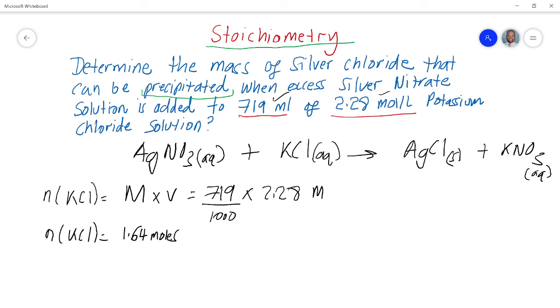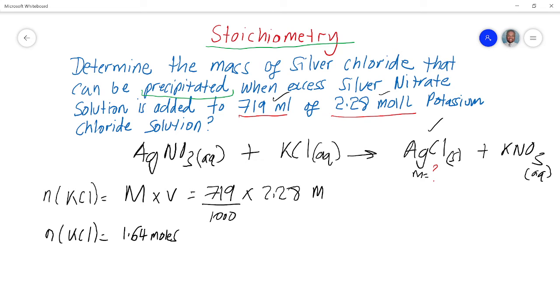Now, we need to get the mass of silver chloride. I'll just put a small m, using a different color, to show what mass I need to find. We need to get the number of moles of silver chloride, and this is where we use the mole ratio.